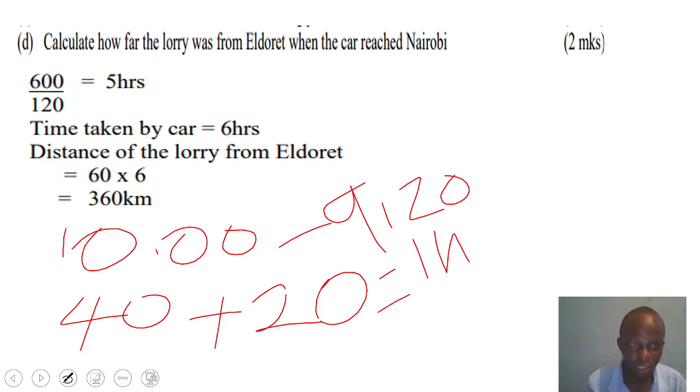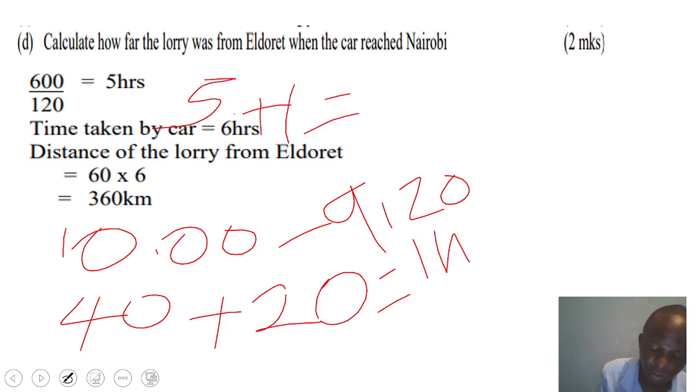So that's why we say the total time taken by the car is 5 plus 1, which is 6 hours.